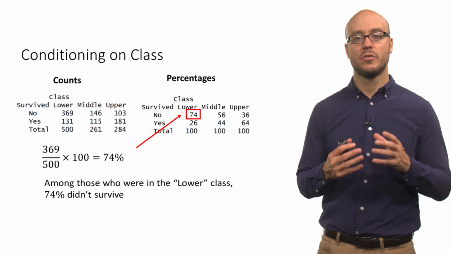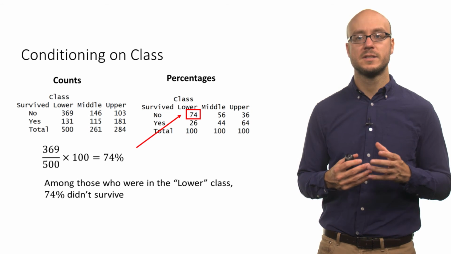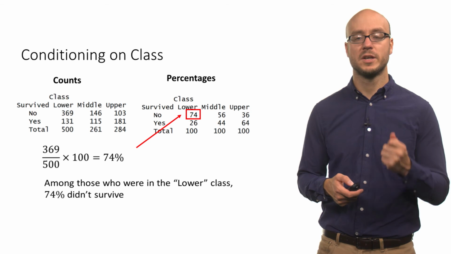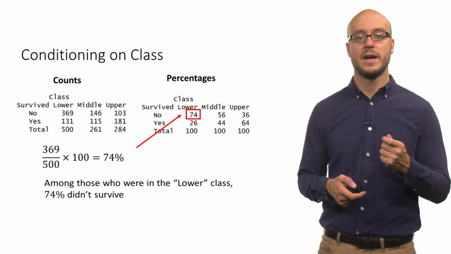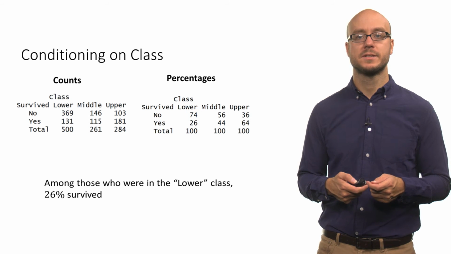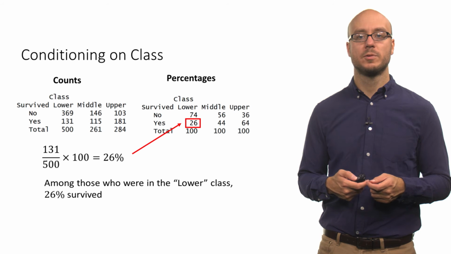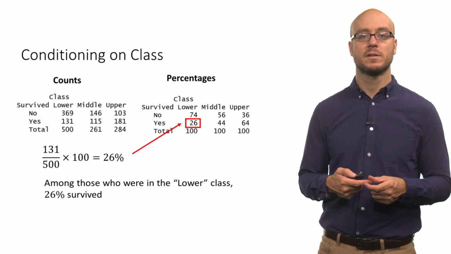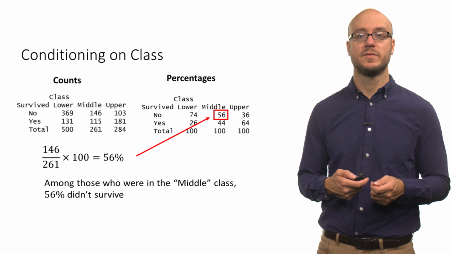This tells us that among those in the lower class, 74% didn't survive. Among those in the lower class, 26% survived.